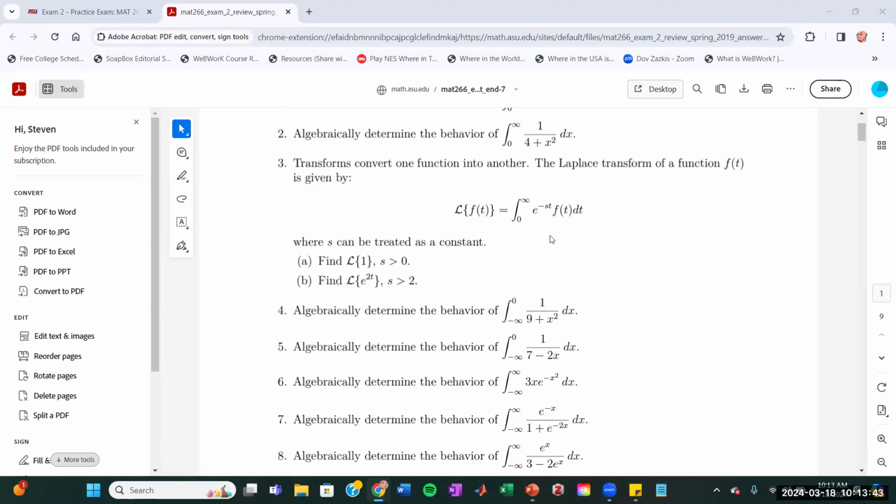They're telling you what f of t equals, so you plug in 1. Part A is to find the integral from 0 to infinity of e to the negative st dt. The Laplace transform is just context for putting this improper integration thing. I don't need you to know anything more about Laplace transforms. It's an application of integrals over an infinitely long interval.